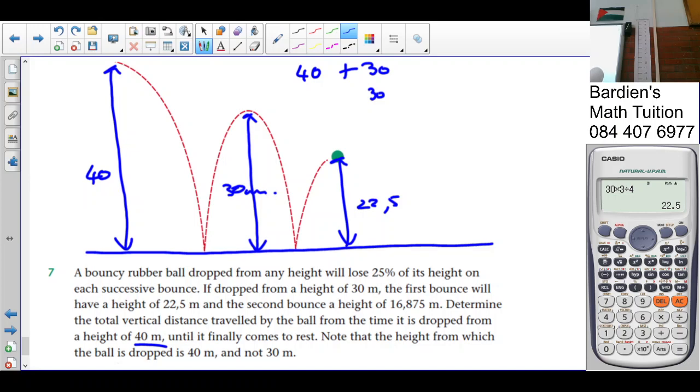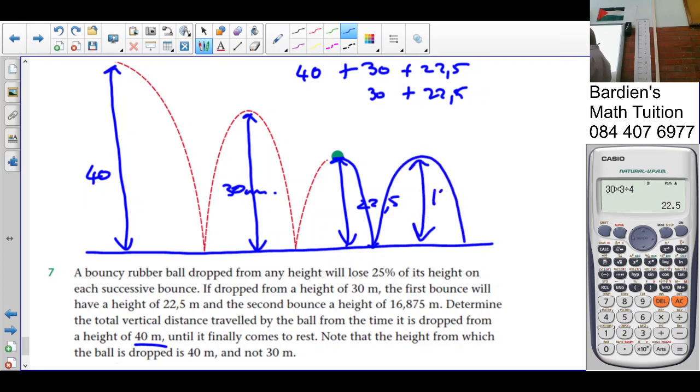Then the ball goes up again by how much? 22.5. And comes down by how much, to reach the ground again? Also 22.5. Then it goes up again by how much? 16.875. And comes down by 16.875. So what happens is 40 is only represented once.